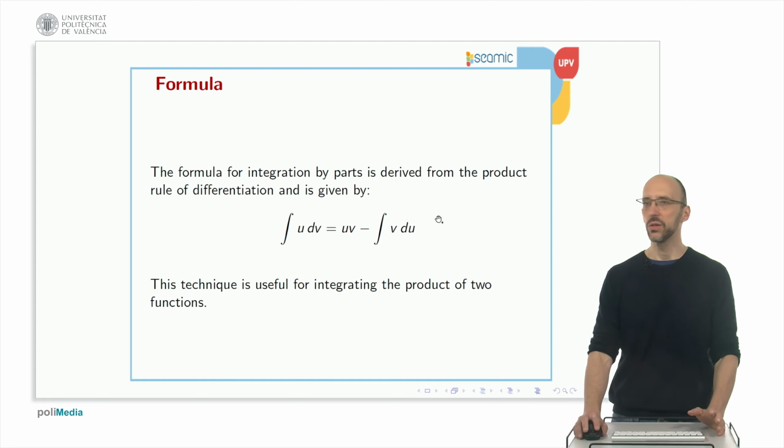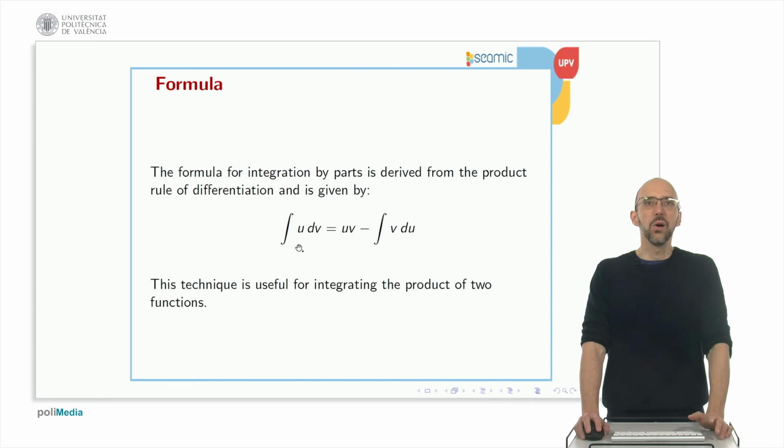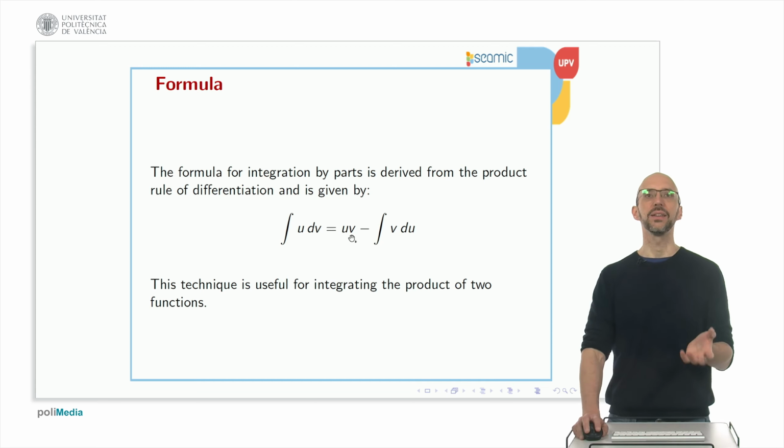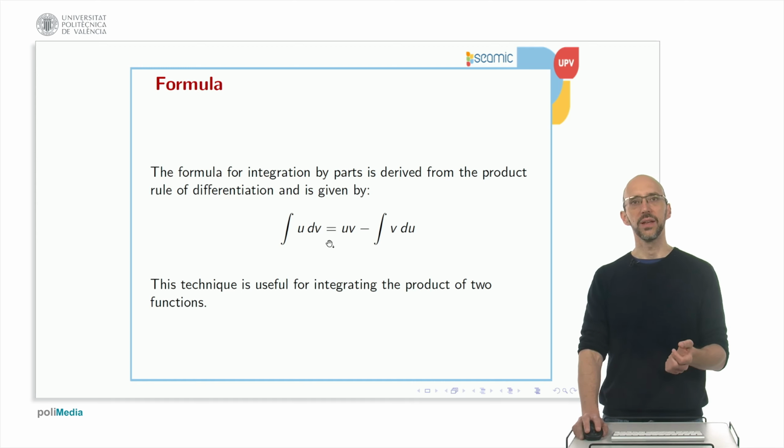The idea is that you are going to have, look at this, an integral of two functions that multiply each other. One of the functions is going to be called u, and the other function is going to be called dv. The one you call u, you are going to calculate its derivative, which is going to be differential of u. The part that you call dv is going to be integrated in order to get v, and then you replace here.